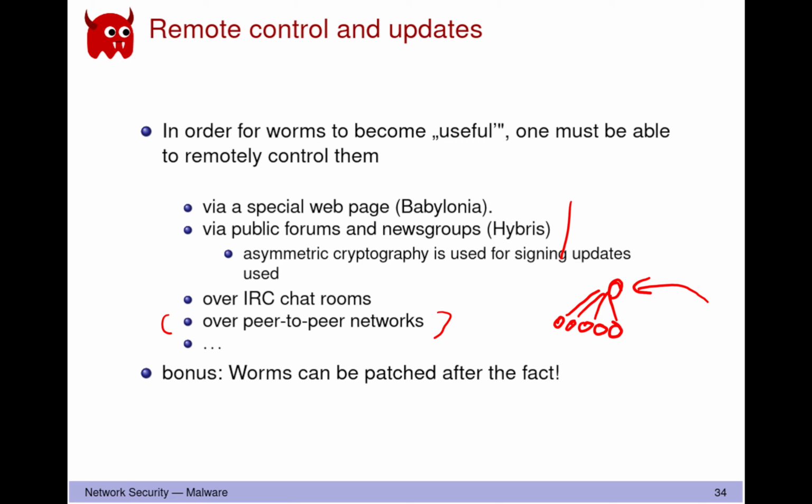That might be some command what the bots should do. So the attacker could update the bots on what they should do, what kind of third-party site they should attack, and even delete all kind of information that reveals where they got that information from. So it's quite difficult to identify the attacker afterwards.